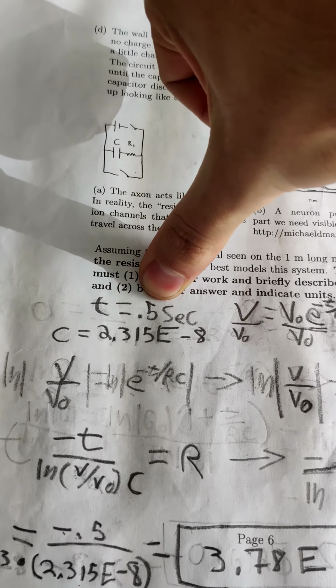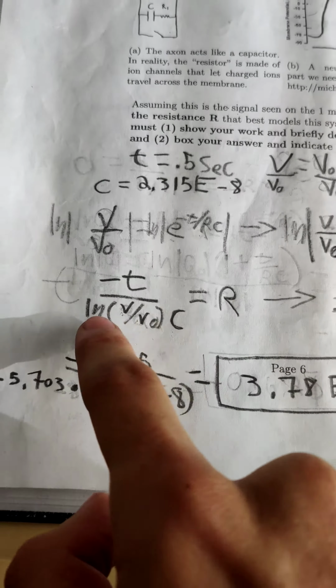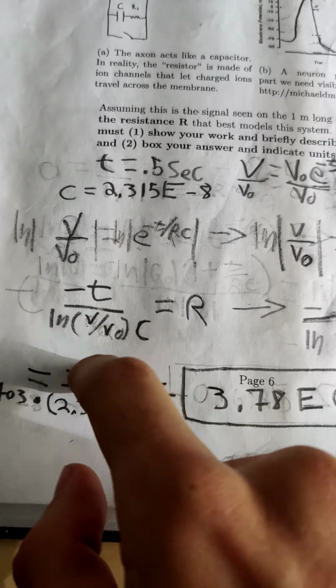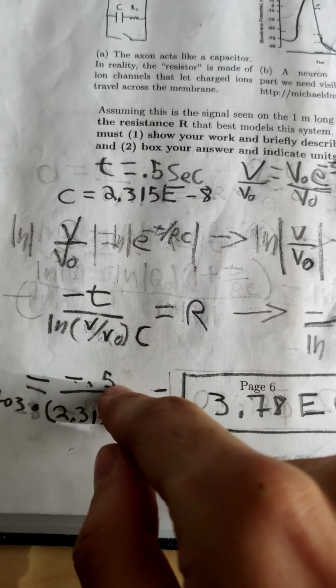That way I just solved for R using this formula, which is how I got R equals negative t over the natural log of V final over V initial times capacitance. Since these are millivolts, I changed the millivolts to volts, and that's how I was able to get this from that voltage, and then I multiplied it times the capacitance and divided the time by all that to get 3.78 times 10 to the 6 ohms.